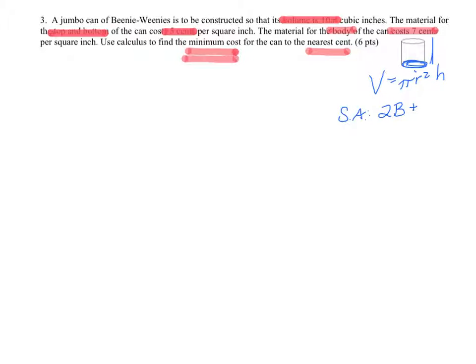And we are going to have to add our lateral area. Lateral area is everything that's on the side, right? The tube. And so if we unfold that, basically what we have is just a rectangle.